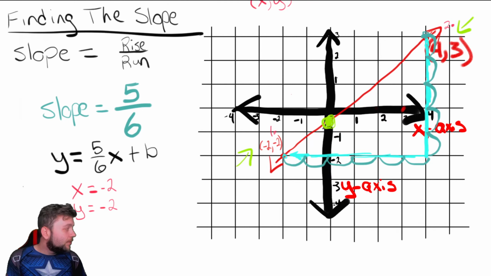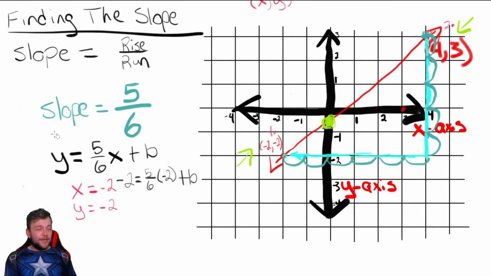So we will rewrite this one more time: -2 equals 5 over 6 times the -2, and we'll move this over, a little bit farther to the left, plus b, right?